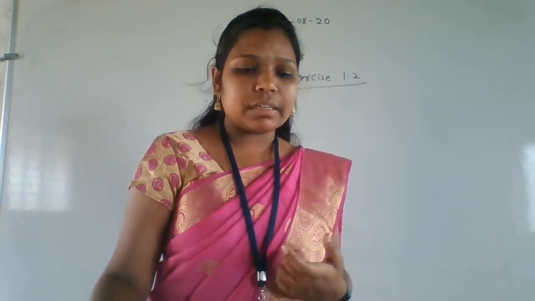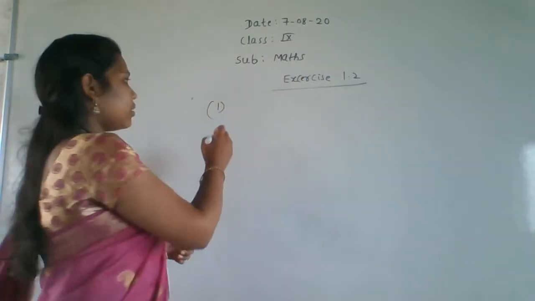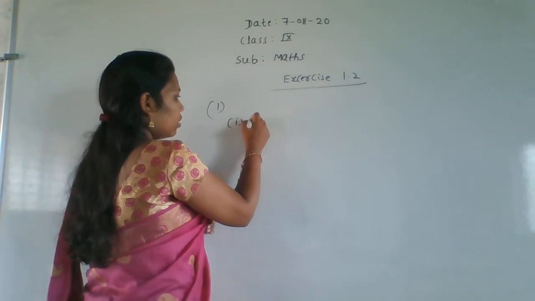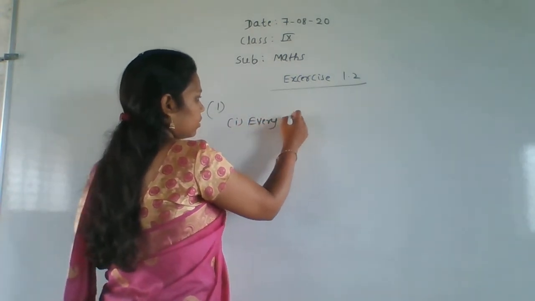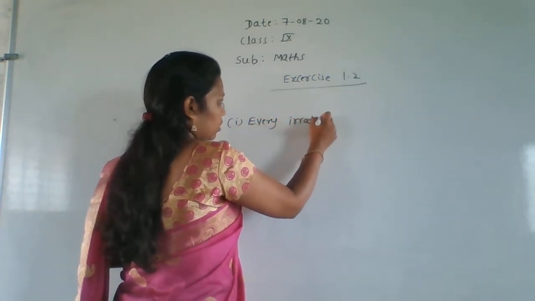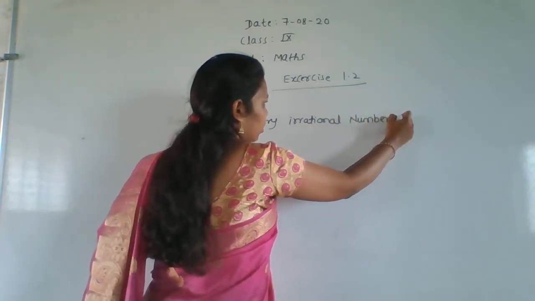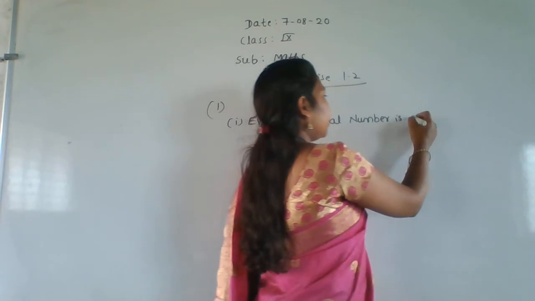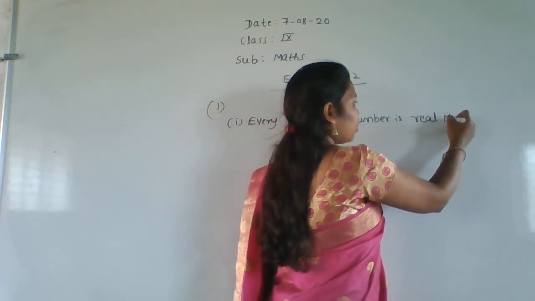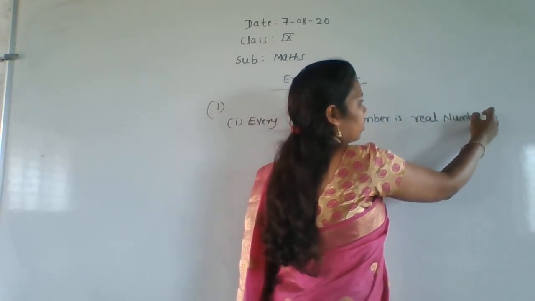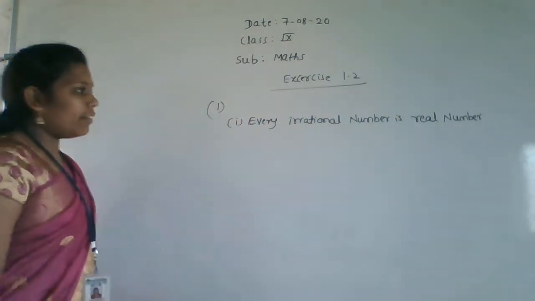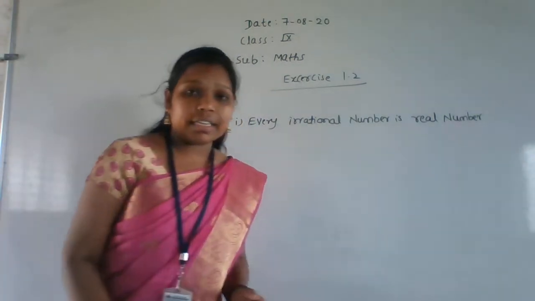Okay, so the first one we will see: every irrational number is a real number. Whether it is a true statement, everyone see properly. Every irrational number is a real number.